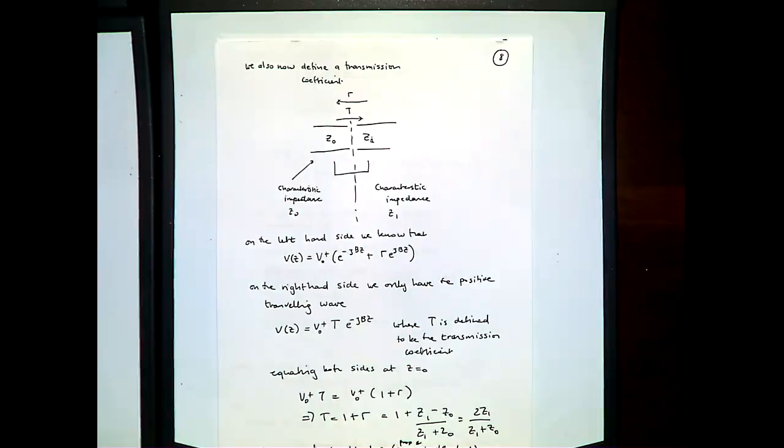If my reference plane is at the generator, Z is positive. If my reference plane is at the load, going towards the generator is negative. Z can be plus or minus, depending on what I've defined as my reference plane. Here I'm defining it relative to the load, so it becomes negative.